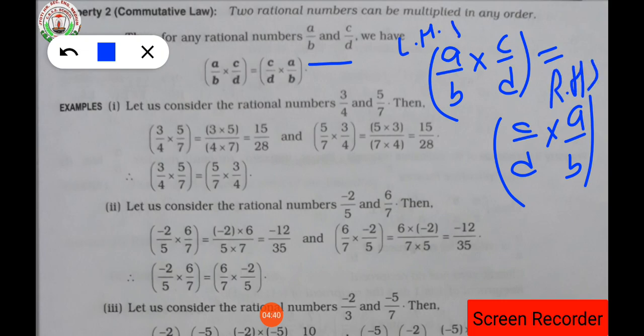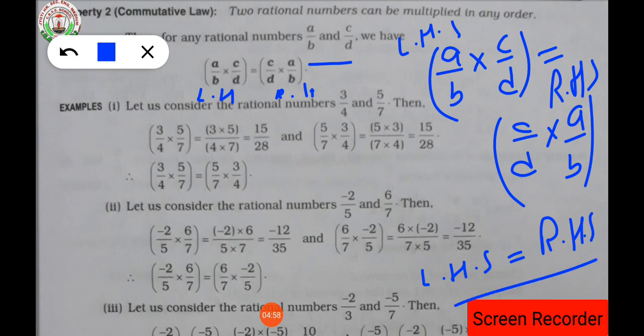When we solve this property, we can see that the LHS and RHS values will be equal. Clear? That means the value of the left hand side and the right hand side will become equal, as we saw in the addition property.